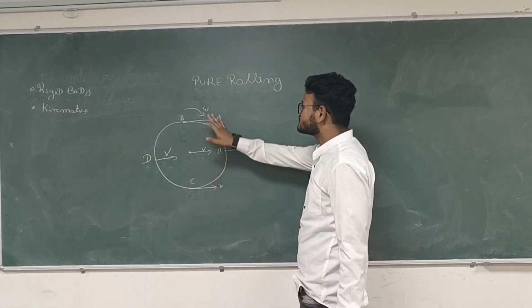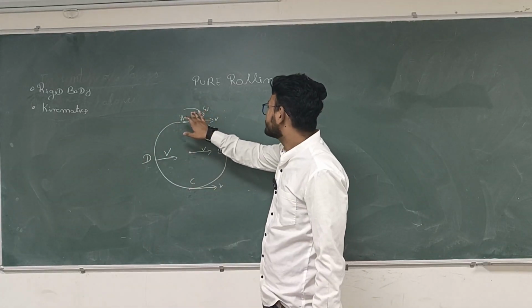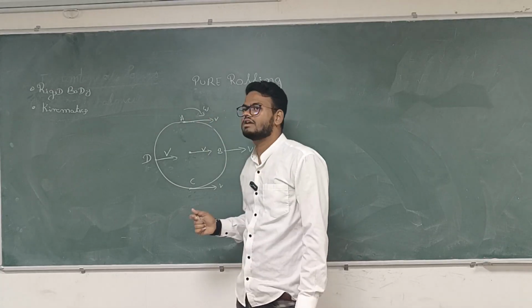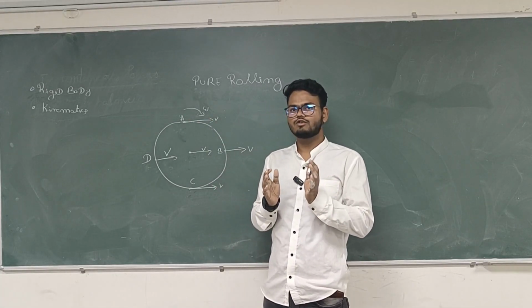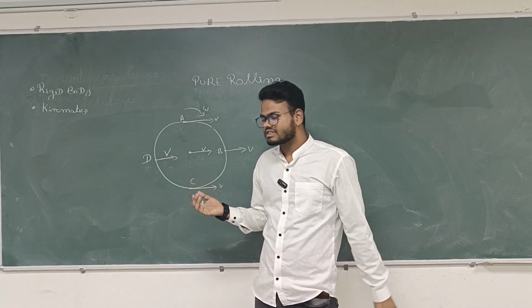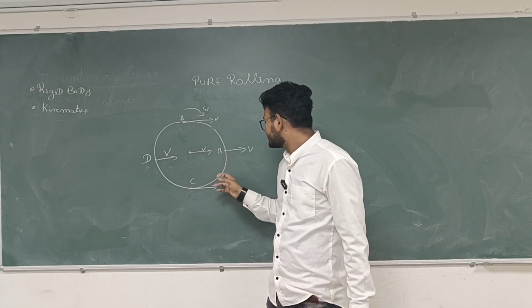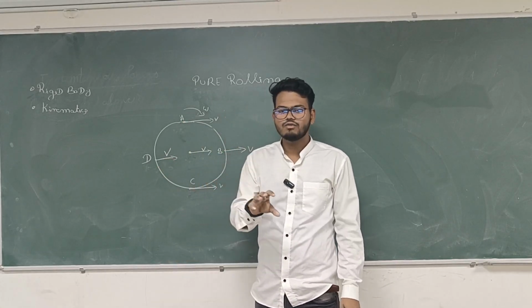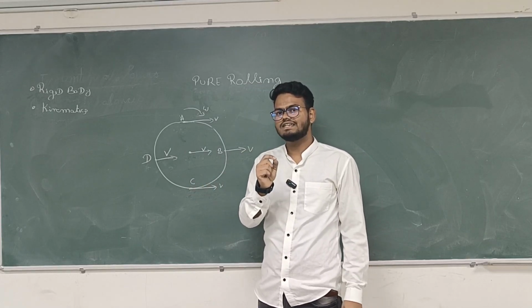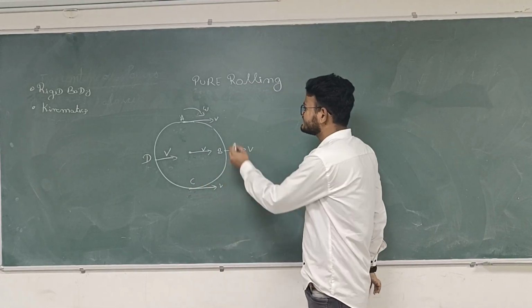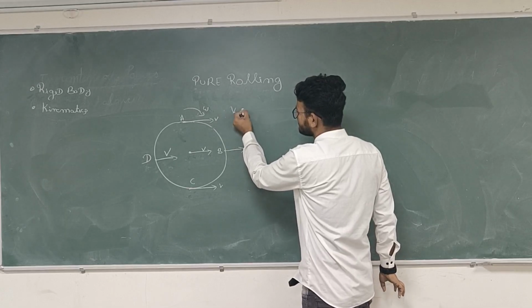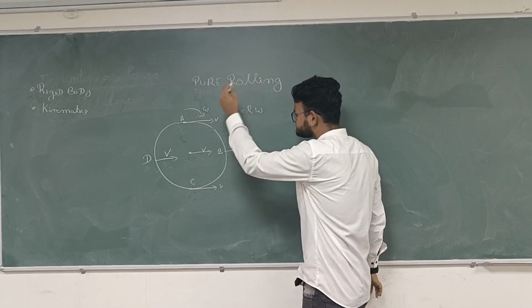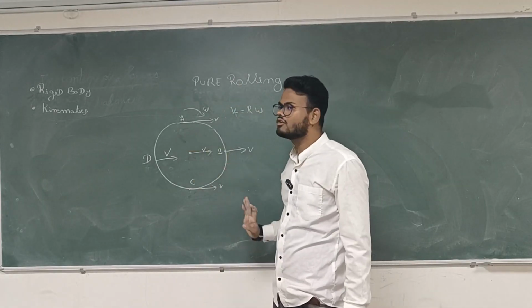And it is also rotating with angular velocity omega, and we know if any body is performing rotational motion, then every point on its circumference has a tangential velocity equal to r omega, tangent at every point.